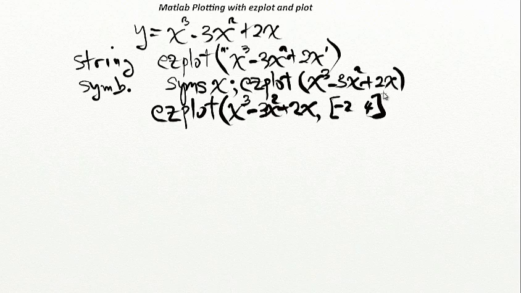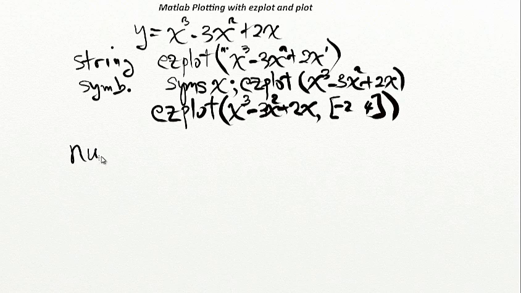So you put it in square brackets with no comma in between. You should also consult the resource Differential Equations with MATLAB for a lot more information on ezplot and various options that it can take. Okay, so that's symbolic.